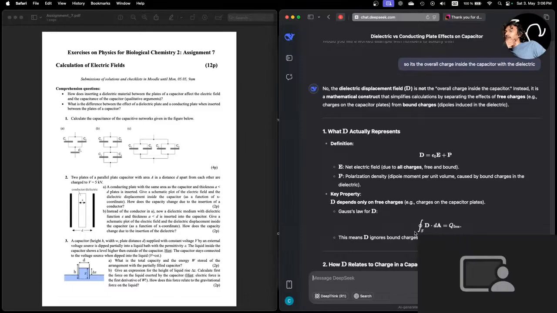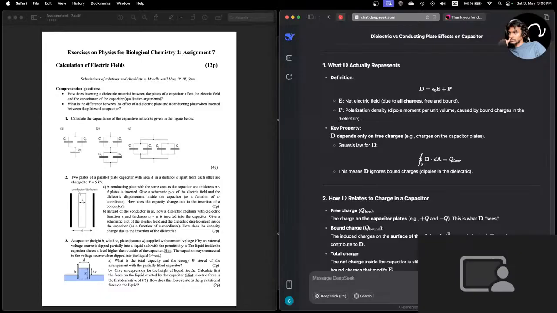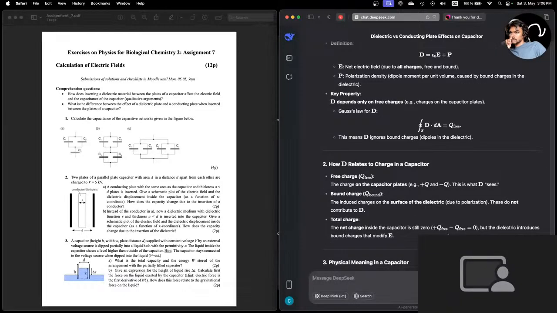Gauss's law for D. Bound charges are induced charges on the surface of the neutral ball.